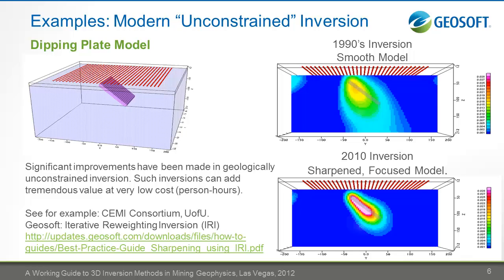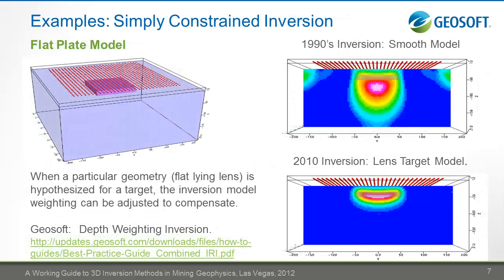We can go further than this if we know something about our model. For example, that the model is probably due to some flat-lying or lens-like target, we can tailor our simple inversion to accentuate and incorporate that fact.